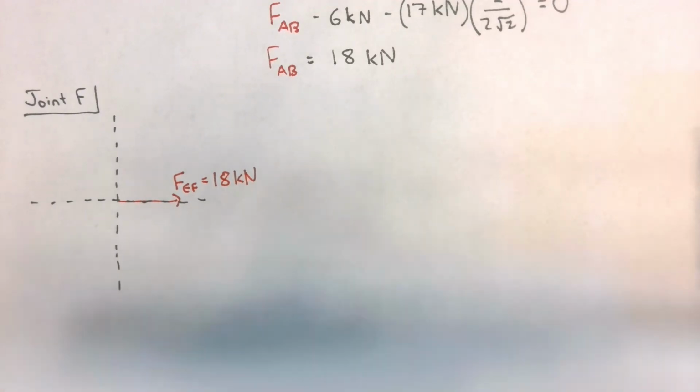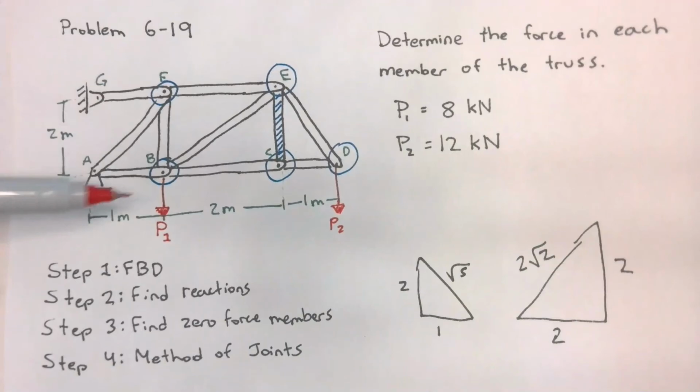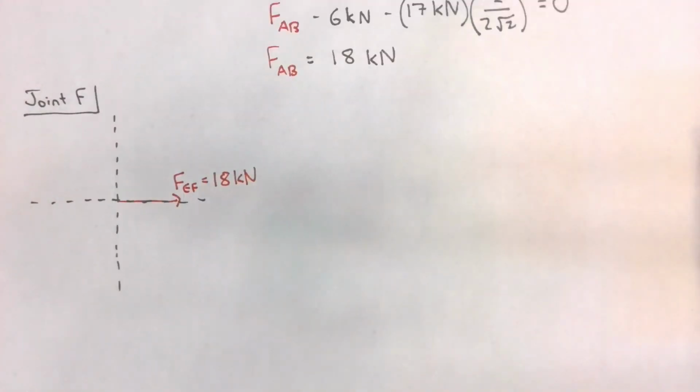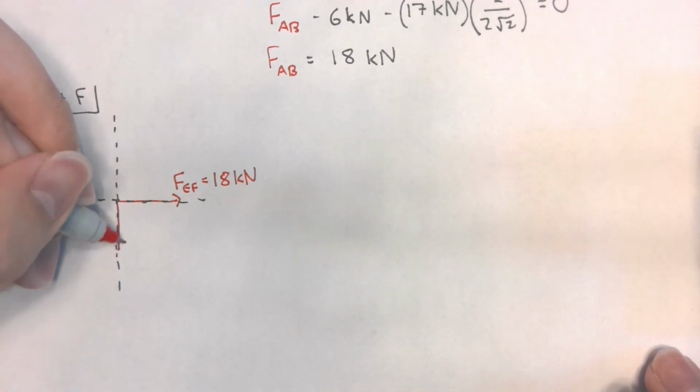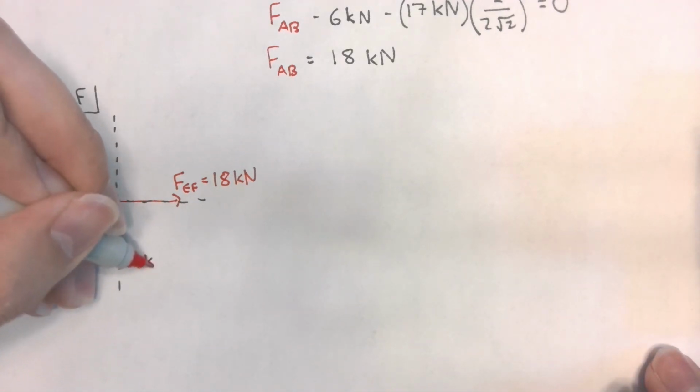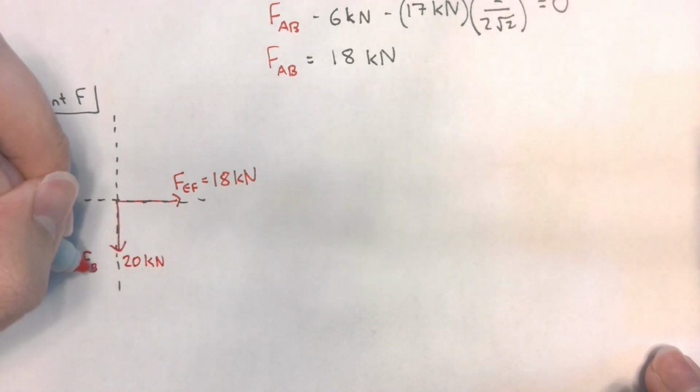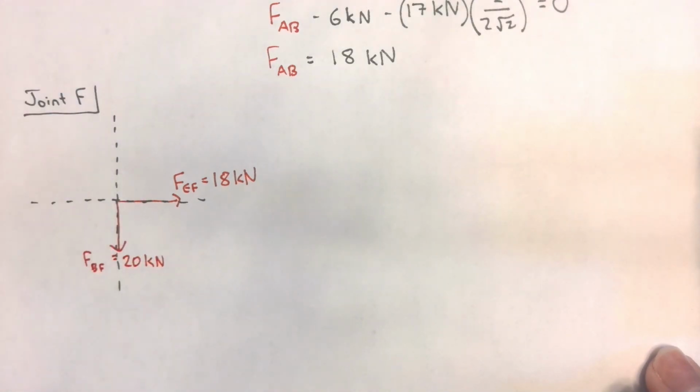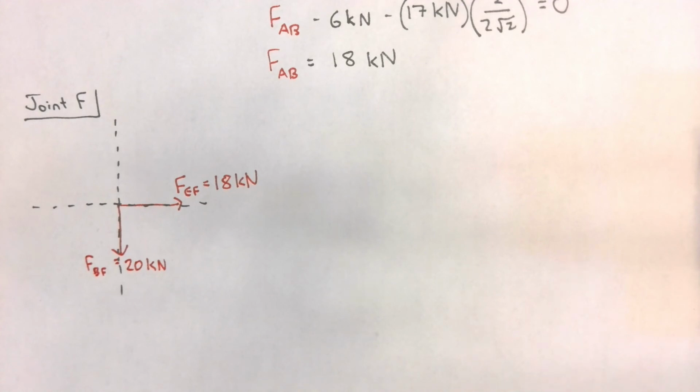I have my force from B to F, which I also found to be 20 kilonewtons in tension. I have a force from A to F, which I don't know, and a force from G to F.